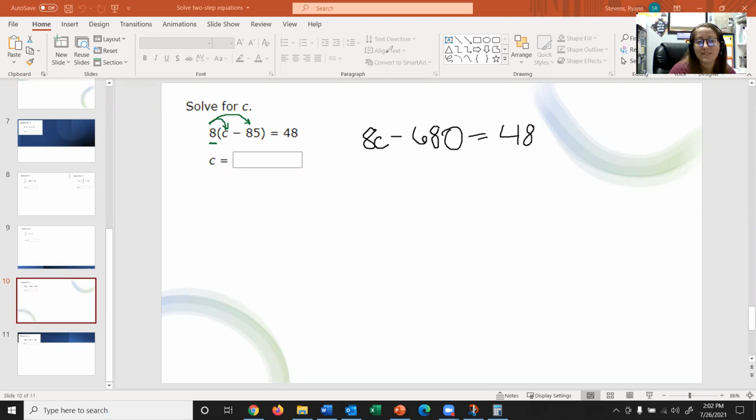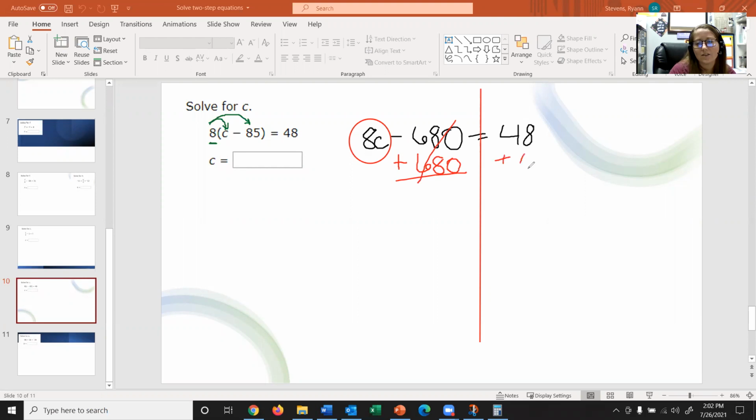Now we're in a good setup where we can complete all the steps we've done before. There are just bigger numbers, but that's okay. We've got this 8C. We're going to leave this one alone first because we want to get rid of the negative 680 first. Since this is subtraction, the inverse is to add 680, which is going to cancel.